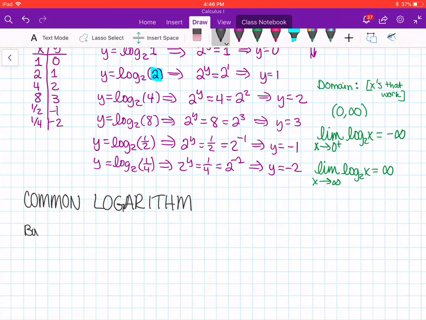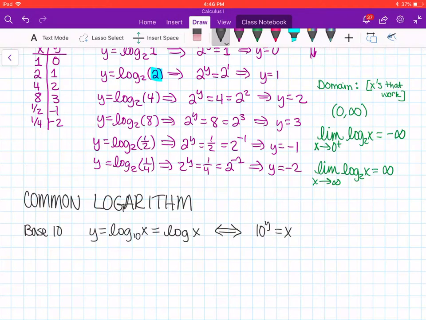And that's going to be base 10. We have a base 10 number system as it is, and so we got y equals log base 10 of x. That's our common logarithm, and so we're going to write it as just log x. So whenever you see log without a base number, then there's an imaginary 10. And basically, the exponential form is 10 to the y equals x.